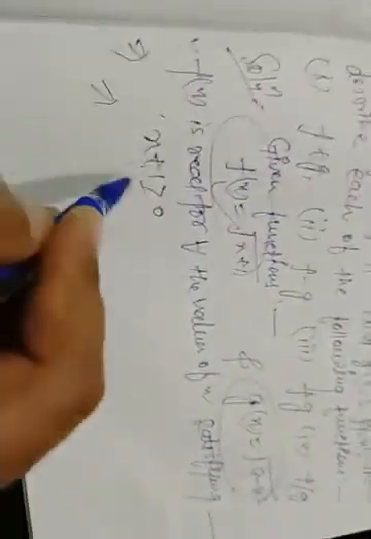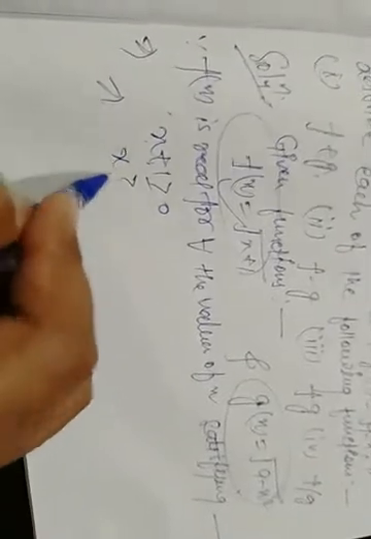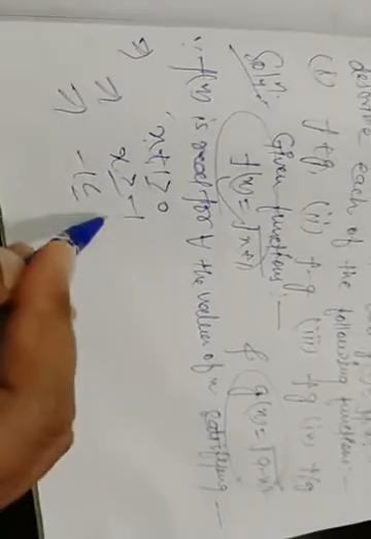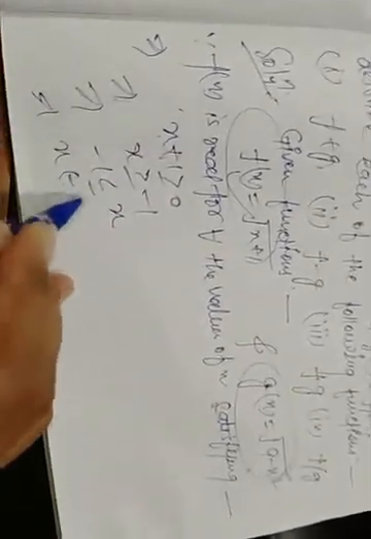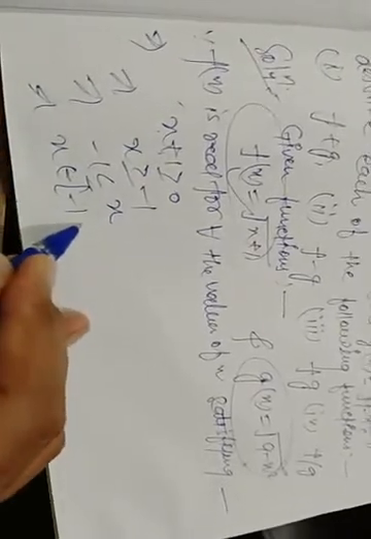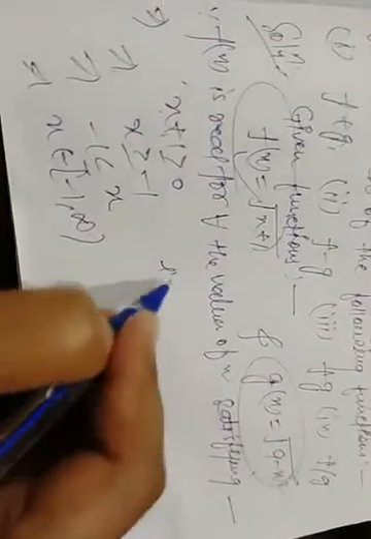So here we find that x is greater than or equal to minus 1. So here we write x belongs to minus 1 to infinity. That is the domain of function f.